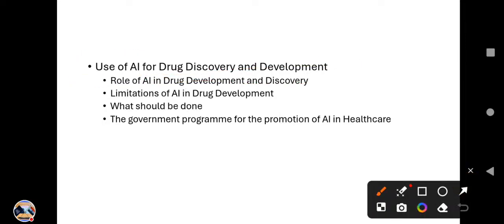Artificial intelligence is dominating around the world, and its applications are very useful in various sectors, like agriculture, health, education, or any other sector where you can use this technology.